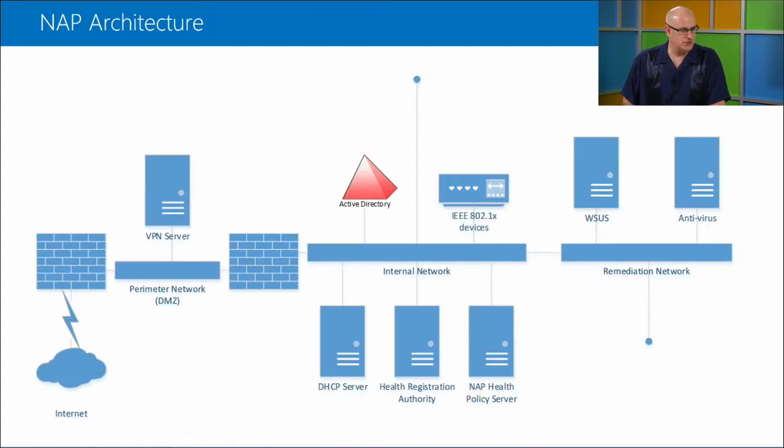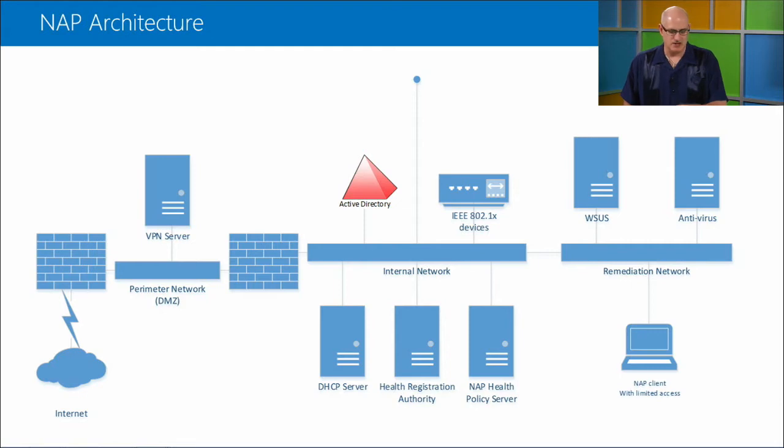So this shows you what NAP architecture may look like. We have our Active Directory here, our internal network, our perimeter network, internet, VPN server. As the system boots up, it may not meet the requirements to get on the internal network, so it gets sent to the remediation network with WSUS and antivirus servers that enable it to become back into compliance.